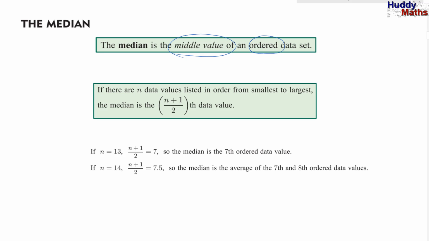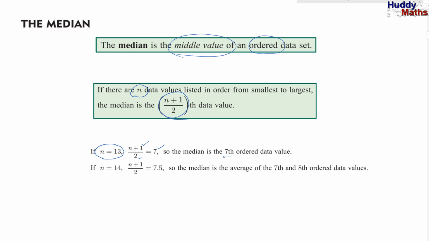So if there are n data values listed in order from smallest to largest, the median is the (n plus 1) on 2 position as the data value. Let's have a look. So if you've got 13 scores, add 1 to 13, that's 14, divided by 2 is 7.